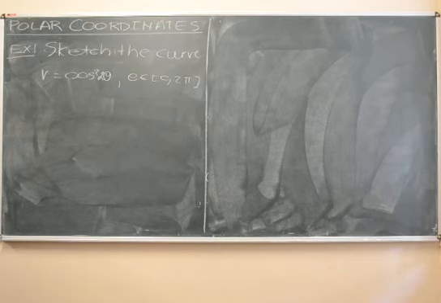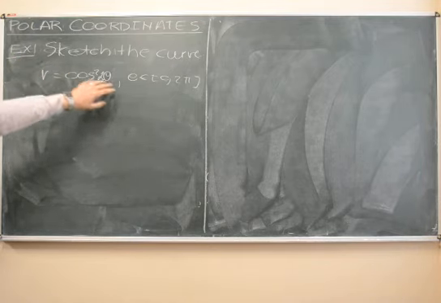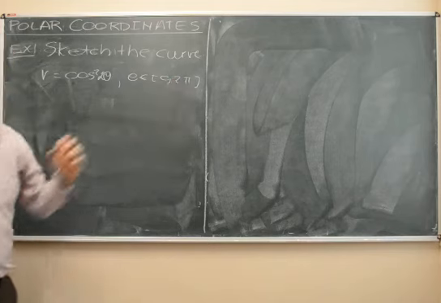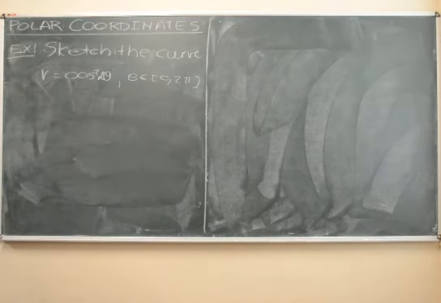Right. So we're asked to sketch r is equal to cos squared of 2 theta, theta between 0 and 2 pi. Because we can't easily convert this into an equation in Cartesian form, we're going to see how does r behave relative to theta?